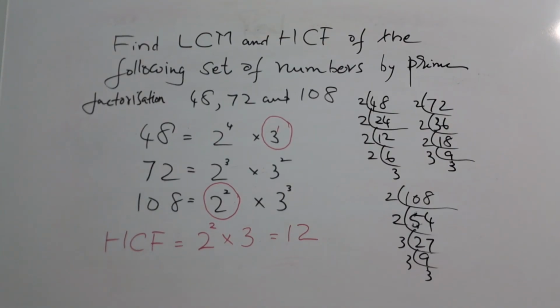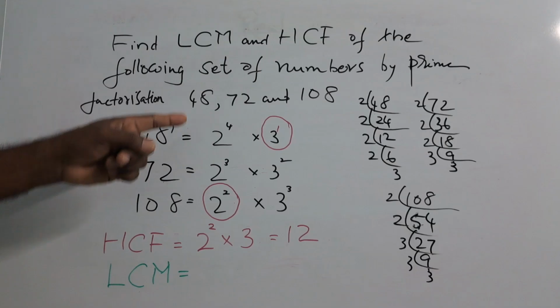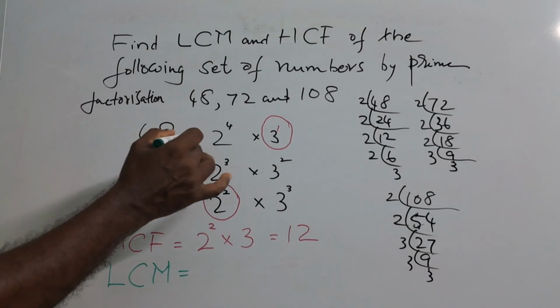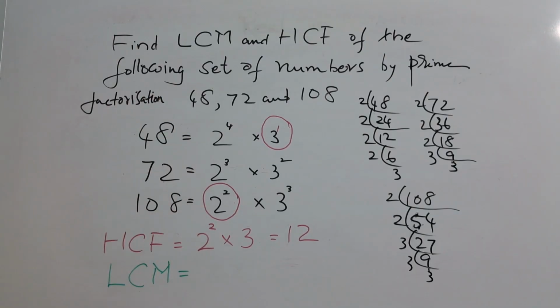Now for the LCM, least common multiple. We have two prime factors and both are common to all the numbers.